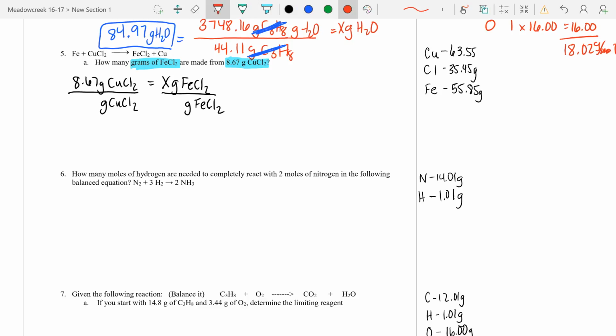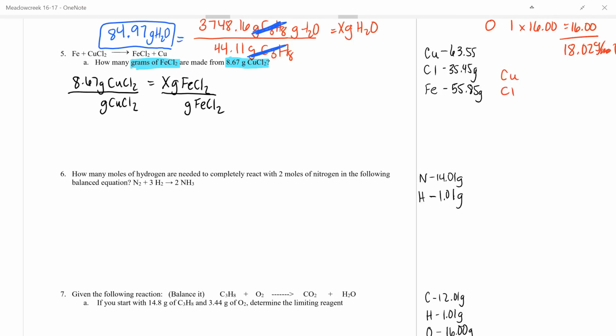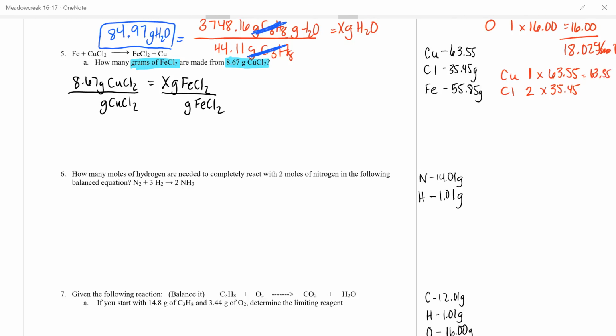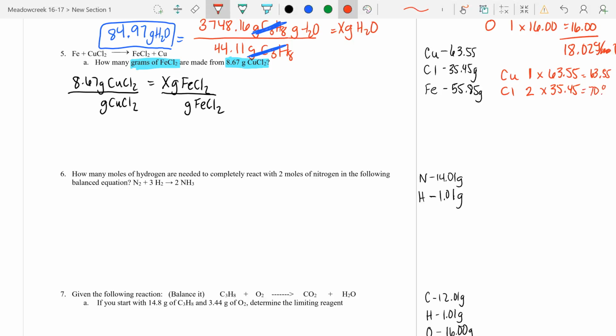So for copper chloride, I have Cu and I have Cl. Okay, copper has 1 times 63.55, and chlorine is 2 times 35.45. And when I do this, I get 63.55, and 2 times 35.45 will give us 70.9.